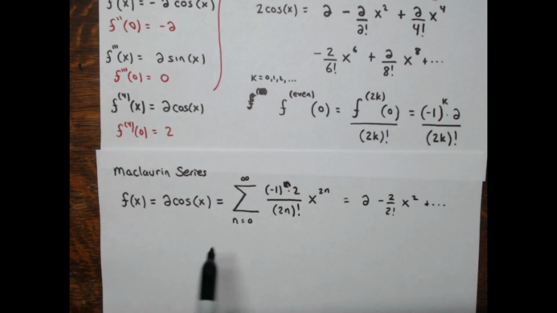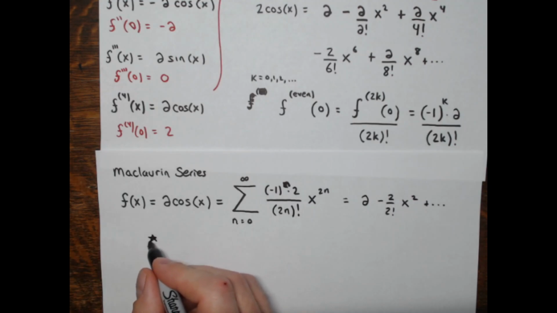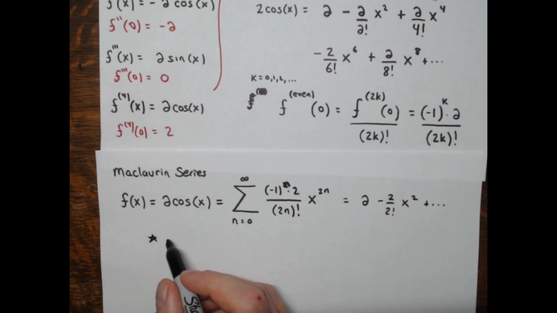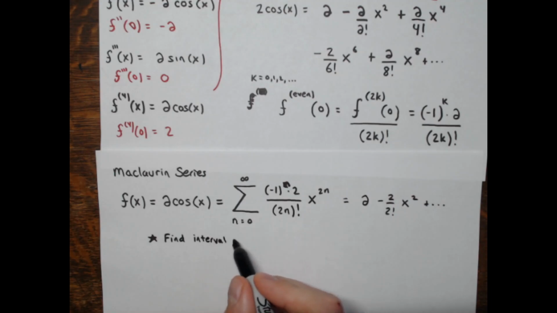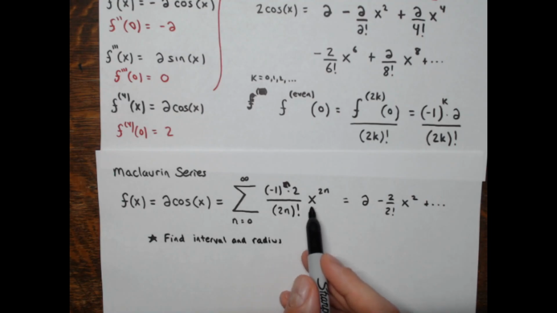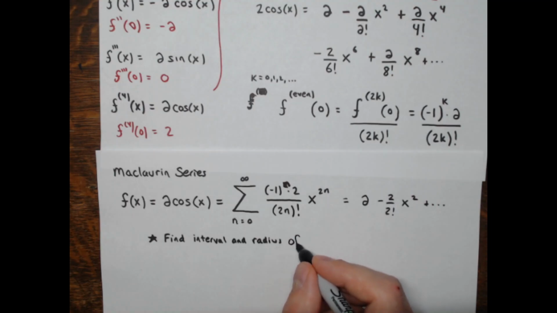Once you've established the series that represents the function, you would also have to find the interval and radius of convergence. Now, for what values of x will this infinite series actually converge to 2 times the cosine of x?